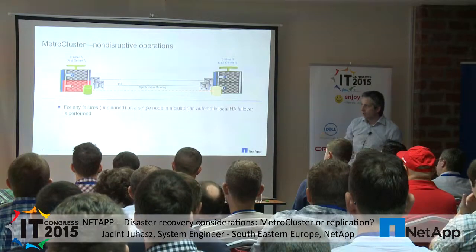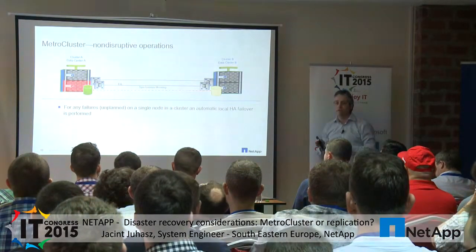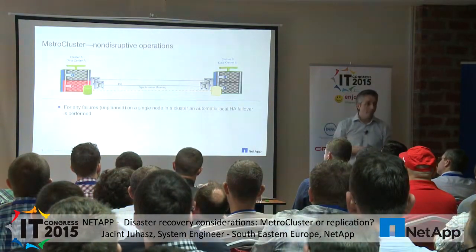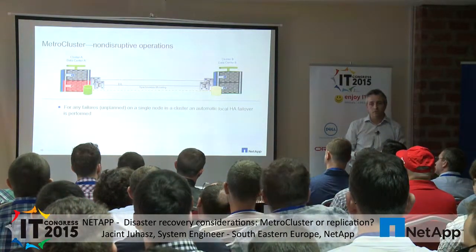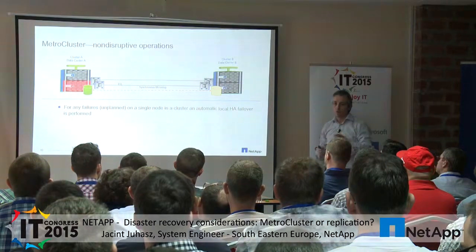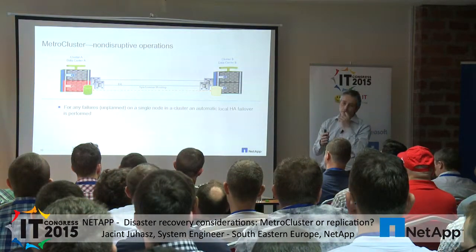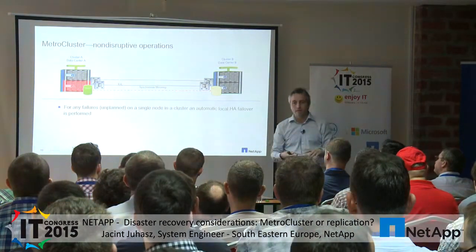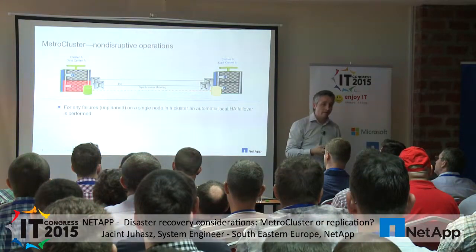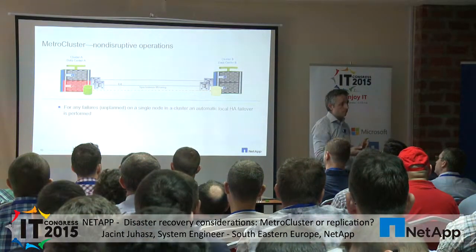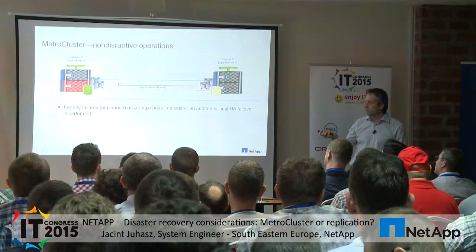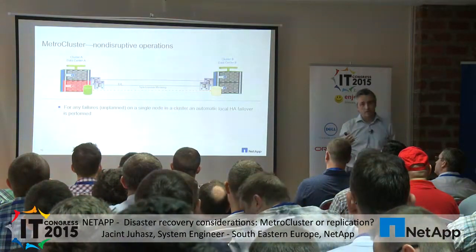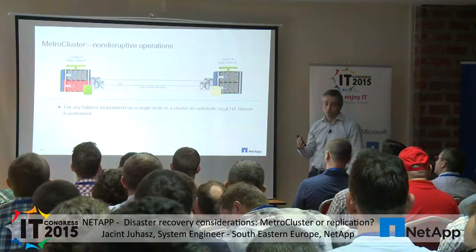We built local high availability, which gives you the possibility to have high availability within each and every side. So if you have a controller failure, chassis failure, multiple fan failures, pretty much things like that, the secondary controller will be able to take over the primary controller's load.